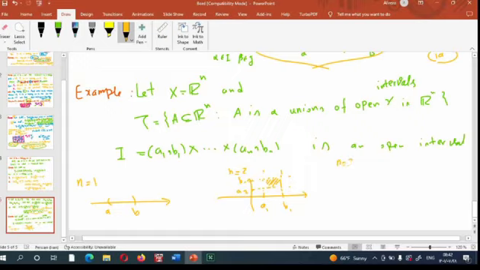And in the case n equal to 3, we have this, for example, a cube, but not its boundary, an open cube.